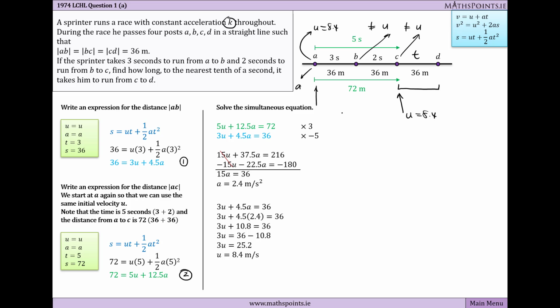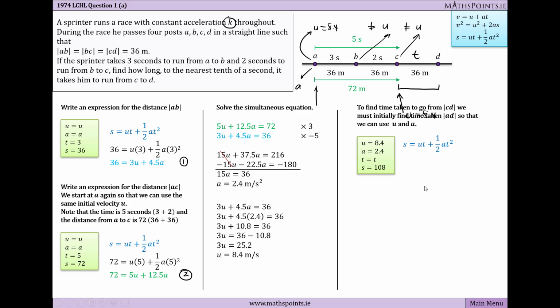So I'm going to find the total time taken to travel from A to D. That way I can start again at A and use U equals 8.4 and A equals 2.4. We use the S equals UT plus a half AT squared formula. U is 8.4, A is 2.4, T is what we're solving for, the total time from A to D, and S is equal to 108.